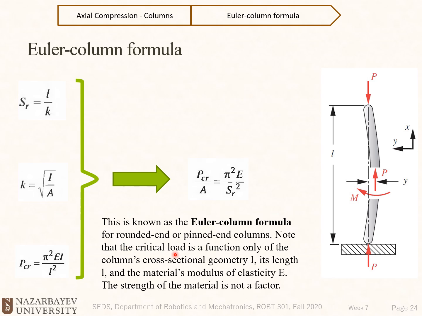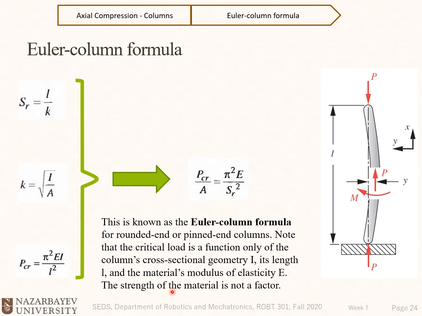Note that the critical load is a function only of the column's cross-sectional geometry I, its length L, and the material's modulus of elasticity E. The strength of the material is not a factor. So that's why buckling is important to us, because this is a different type of failure.